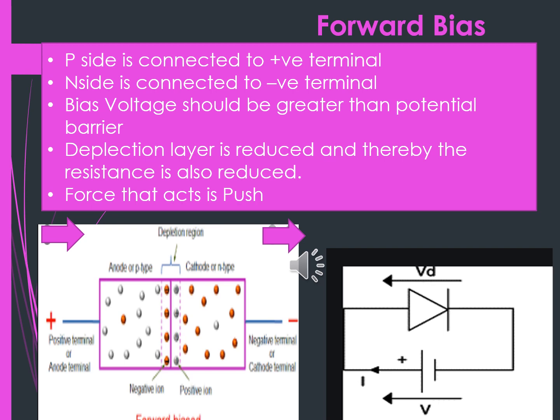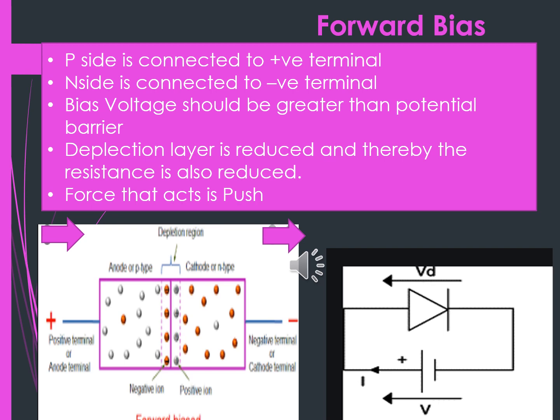Now, the depletion layer is reduced because the currents are flowing and there is a push from both sides. In forward bias, the force in the depletion region is like a push, so the depletion layer reduces, and therefore the junction offers a low resistance.